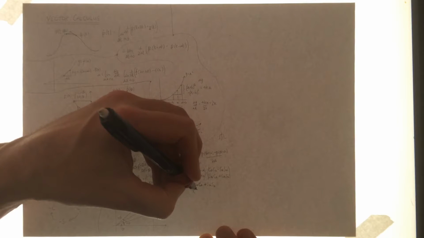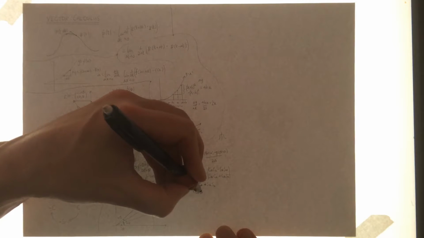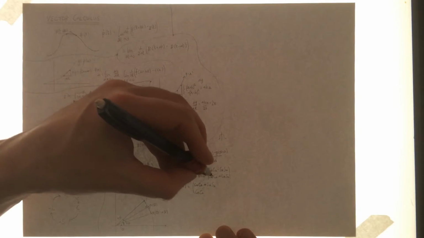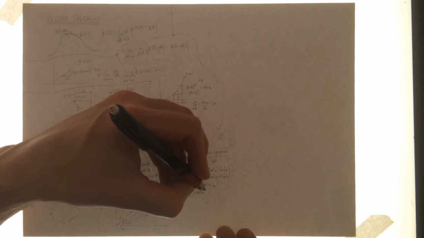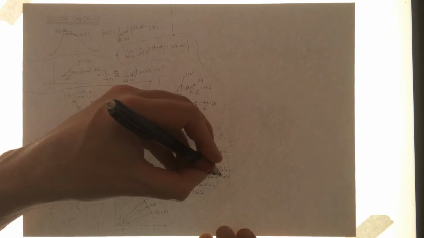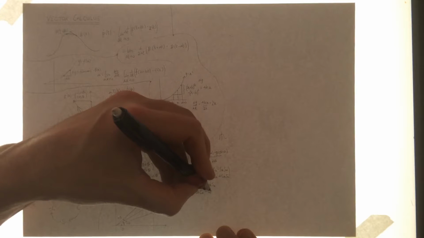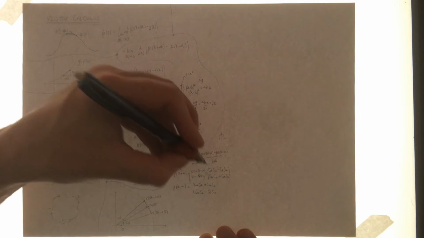Cos theta cos delta, sorry, cos of minus delta, which is cos of delta, and then plus cos theta sine of minus delta, so that's minus cos theta sine delta.